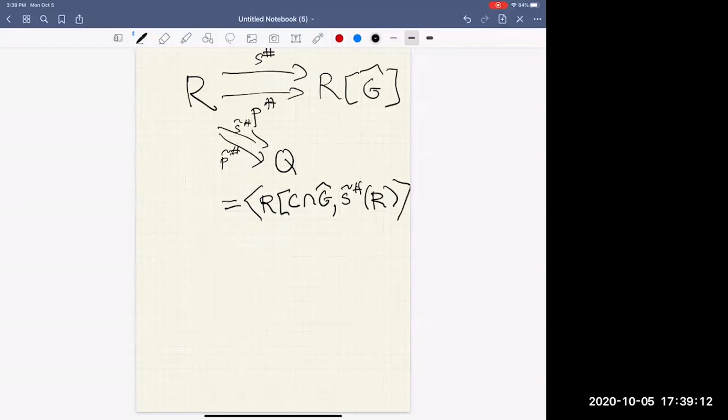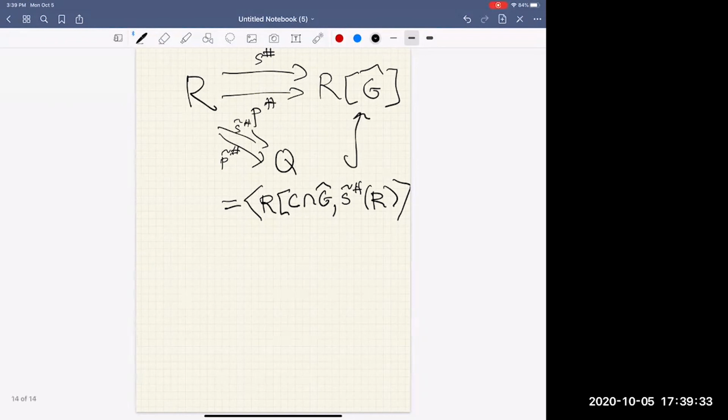So this would be a product like in the other example, if this image of the action didn't contribute anything. But in general, it does. And so this is a subring.